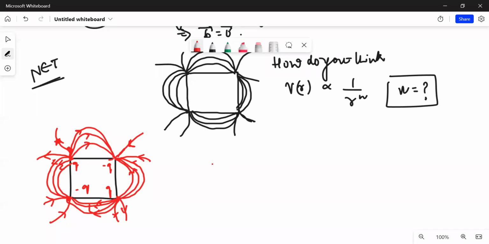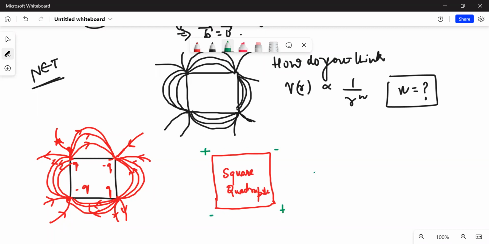This kind of arrangement, you can associate it to a square quadrupole. What is a square quadrupole? Here you'll find that this is a positive charge, this is a negative charge, this is again a positive charge, this is again a negative charge. So there are two sets of opposing dipoles here, and these opposing dipoles would get cancelled.